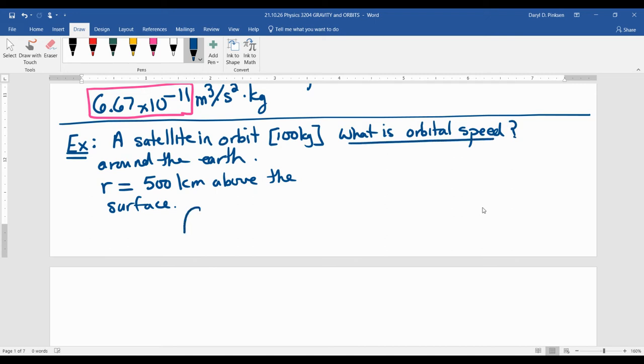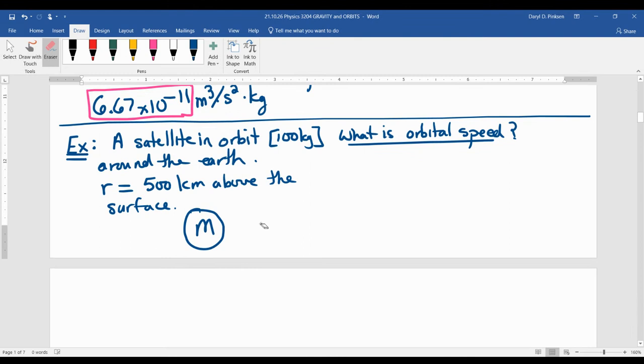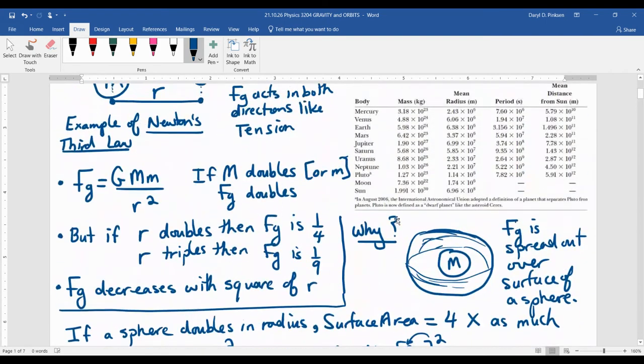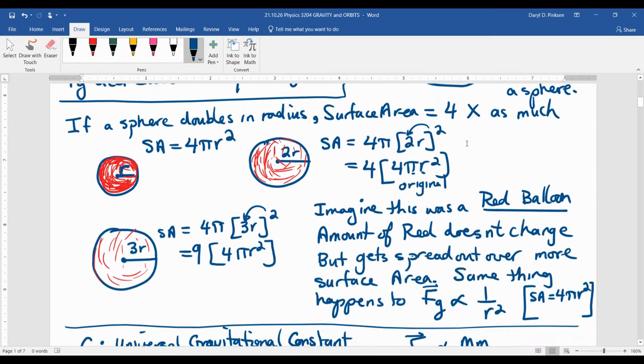Well, here's our situation. We have the Earth. That's going to be a great big old mass. And then here's our satellite. And that's the radius of the Earth. So this piece here is 500 kilometers. But then we have the radius of the Earth as well. So the total radius is going to be the radius of the Earth, and we have to turn that into meters. The radius of the Earth is 6.38 times 10 to the 6 meters.